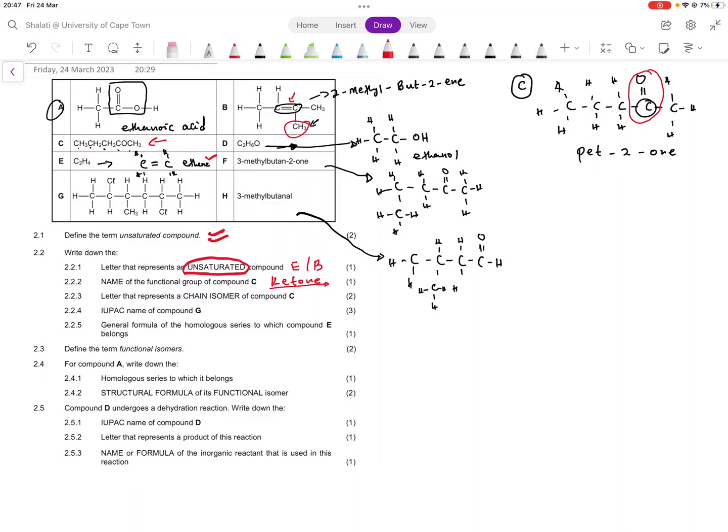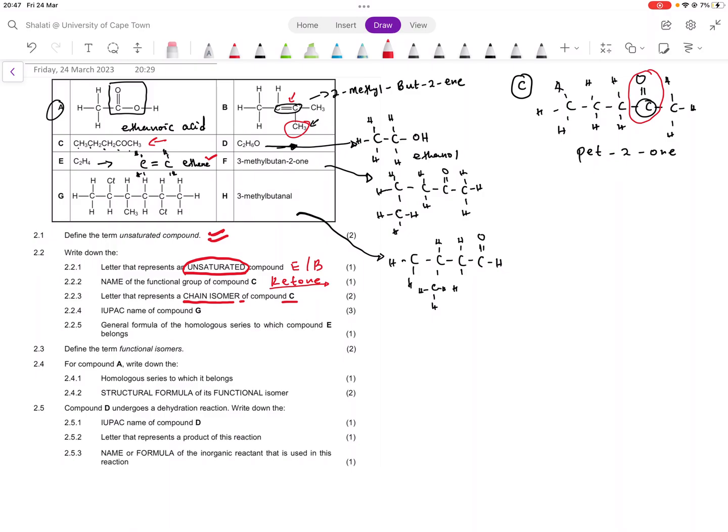Okay. So write on the letter that represents the chain isomer of compound C. So chain isomer, it means the functional group is the same, the number of carbons the same, the molecular formula is the same, but they just change the chain. If you started with a long chain, now you have a short chain.